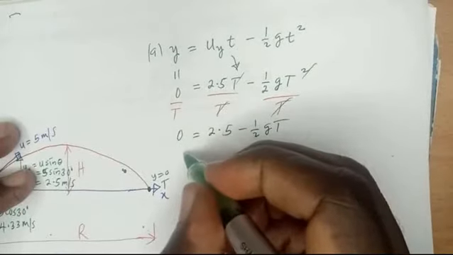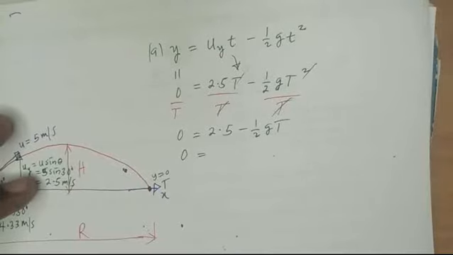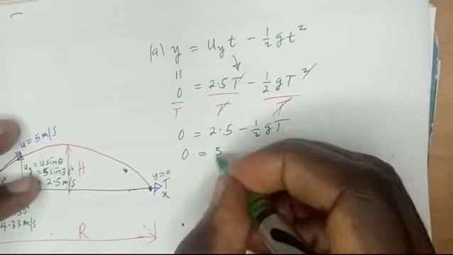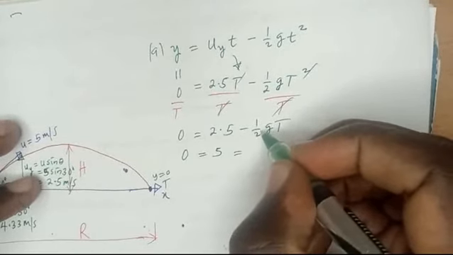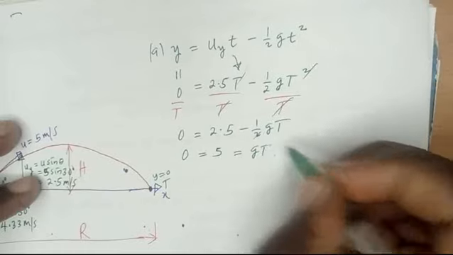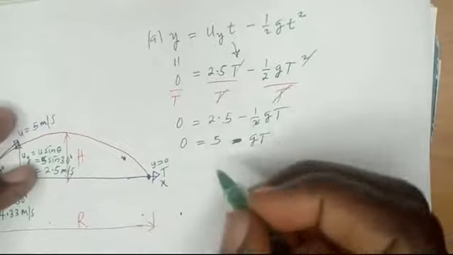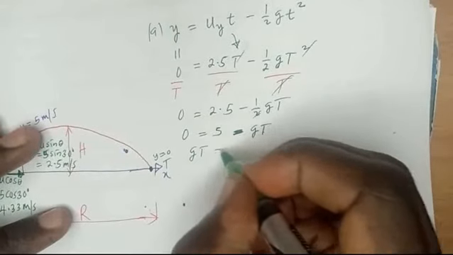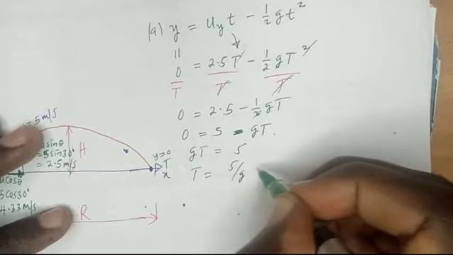So 0 times 2 is 0, equal to 2.5 times 2, which gives me 5, minus gT. So I bring this one here. I have gT equal to 5, so my T is equal to 5 divided by g.